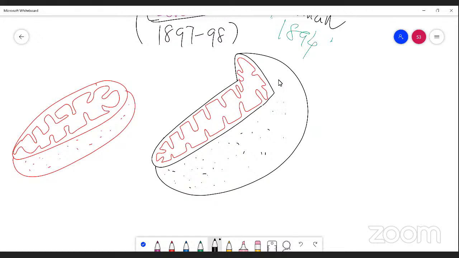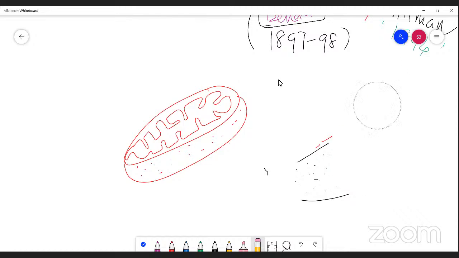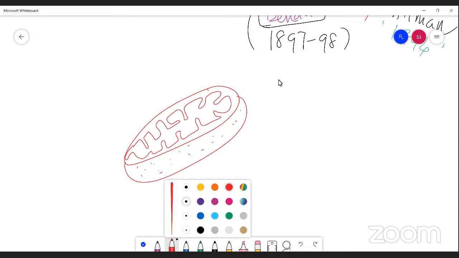Okay, this mitochondria consists of, as I said, two membranes. One is the outer membrane and the other is the inner membrane. I'm talking about the structure of mitochondria. The first layer is the outer membrane.